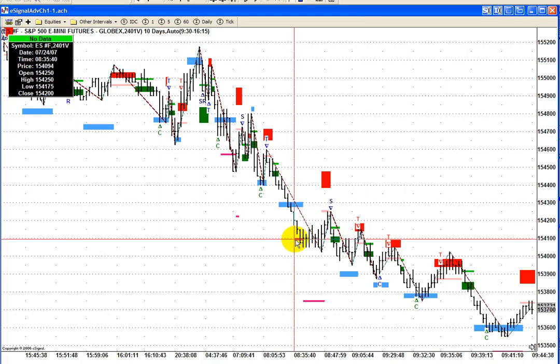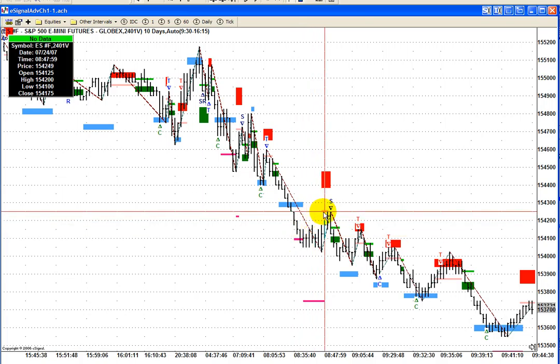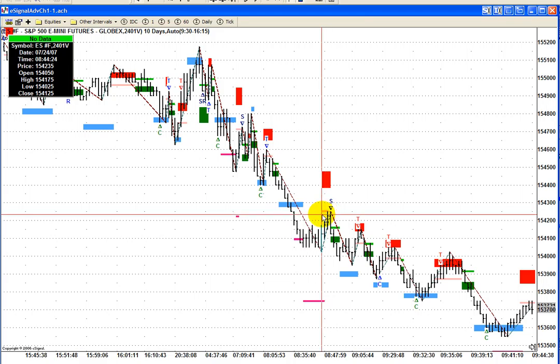In this case, however, this pink box here indicates that the market is now putting in a strong trend. And because of that, what we would normally see is a trade initiated from minor resistance, as in this case right here.